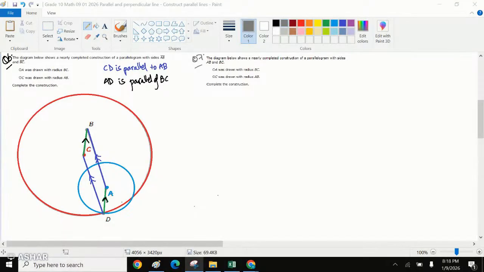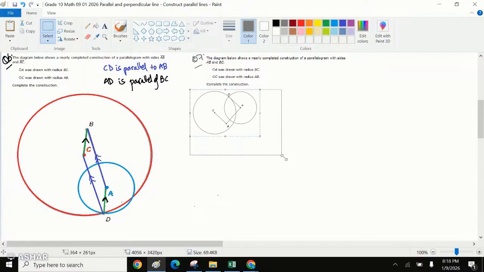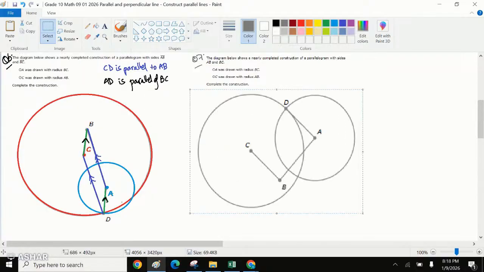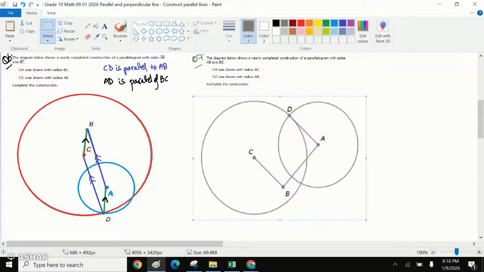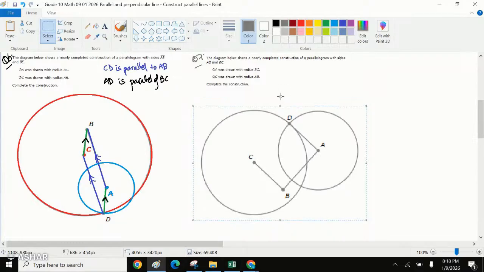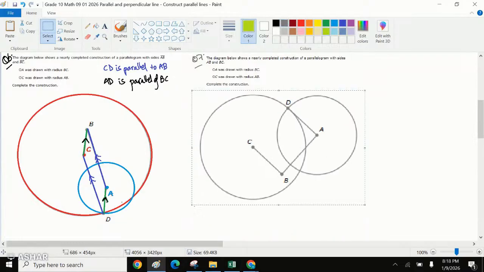If the given question shows us this given information, if this is the information that's given to us, we can say that the center of the smallest circle is point A, right? The smallest circle center is point A, great.